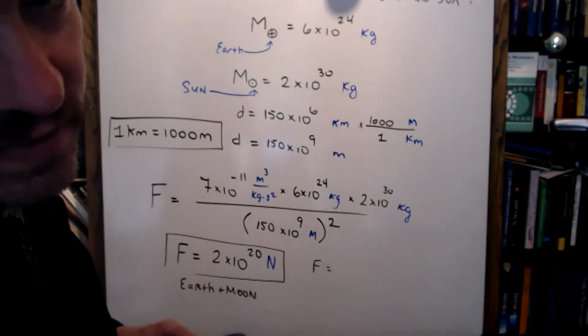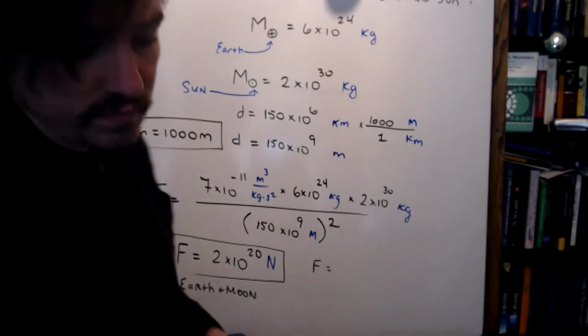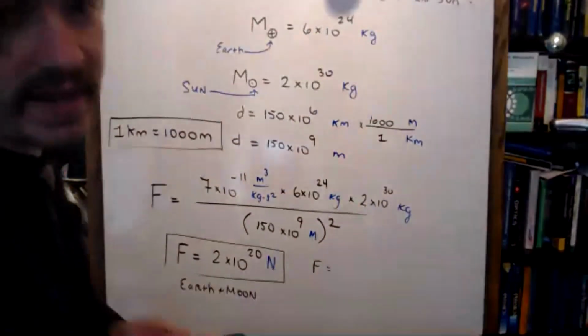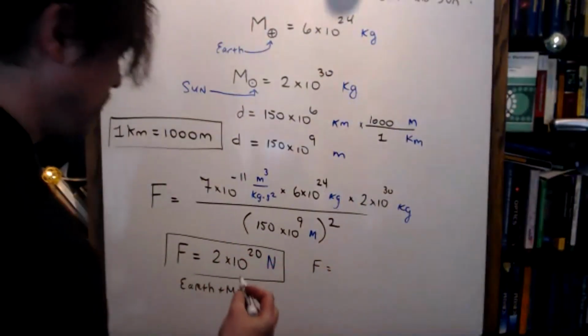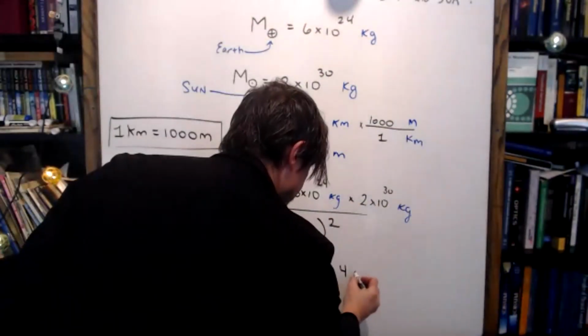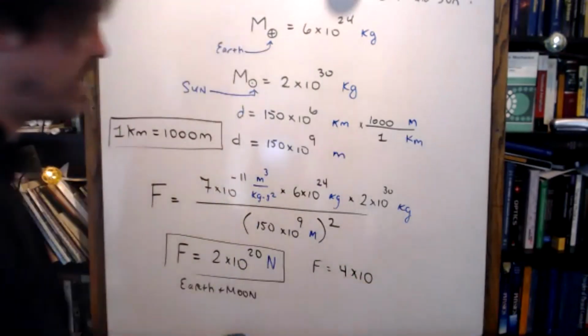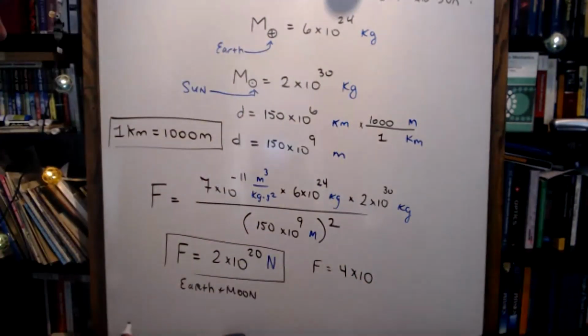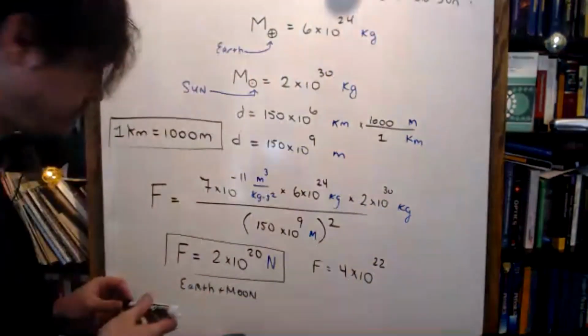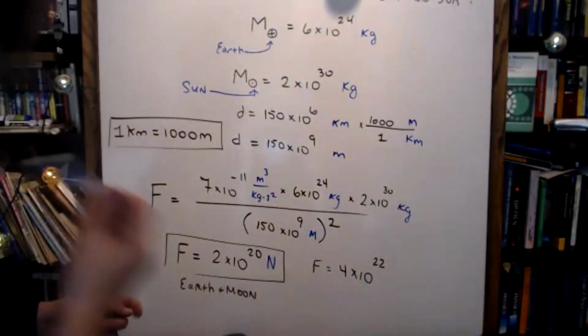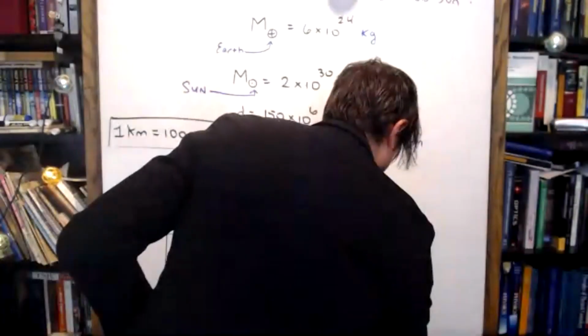Well, hold on, what's the number after 3? Is 3.70 closer to 3 or to 4? 4. So, try again. So it'd be 4 times 10 to the 22. And the units? Newtons. Correct. Okay, I love it.